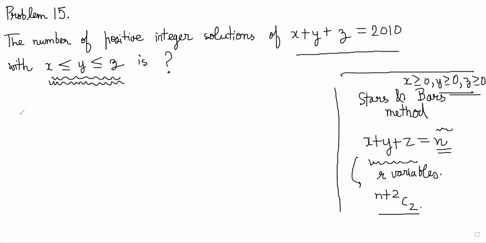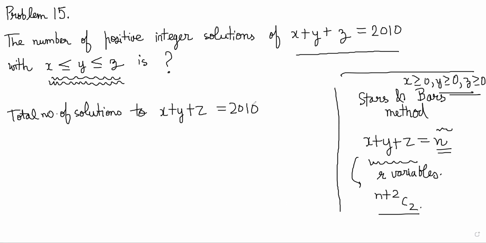So the first thing that we do here is find the total number of solutions to this equation, x plus y plus z is equal to 2010, given only the restriction that x is greater than 0, y is greater than 0, z is greater than 0. This is the total number of solutions.